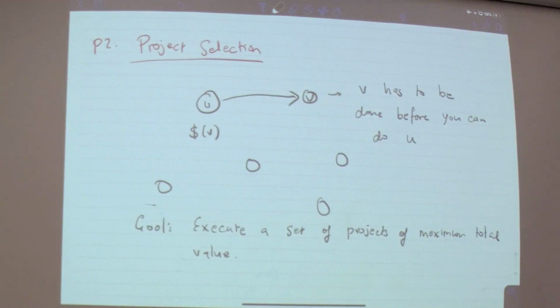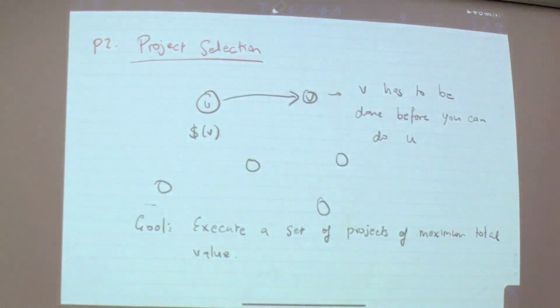So add a capacity of 1 to each dependency. Whenever there is a flow through that edge, it means that both the vertices are going to be in our solution. If there is no flow through it, then U won't be selected, and whether V will be selected is decided based on whether there is an edge coming out of V.